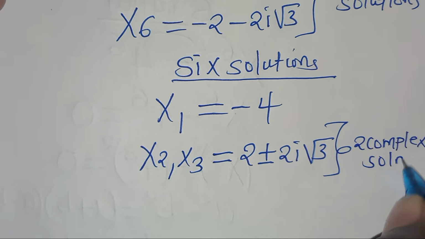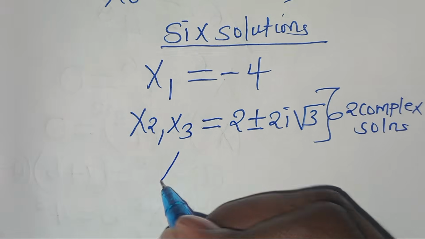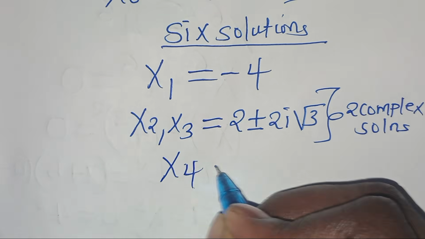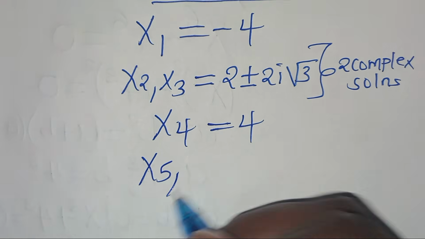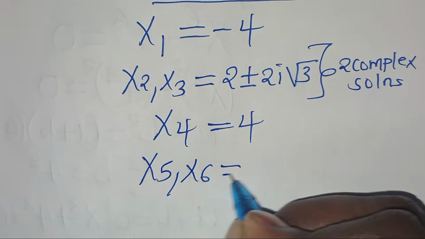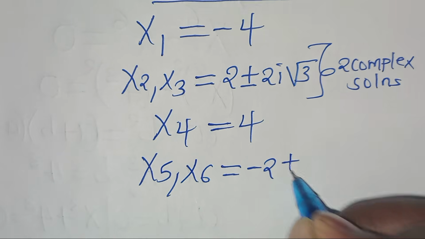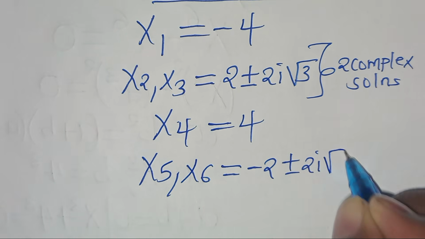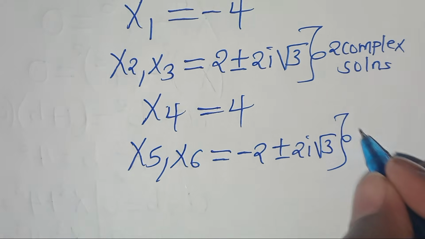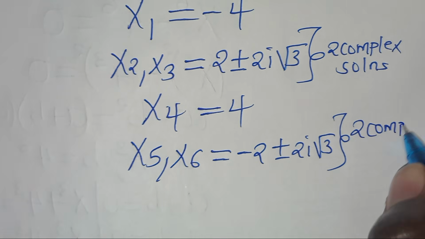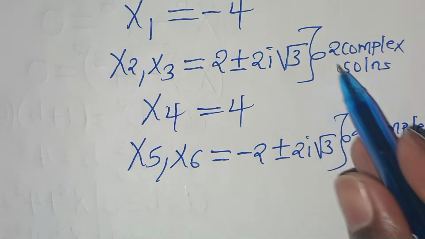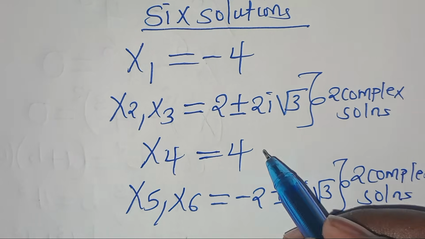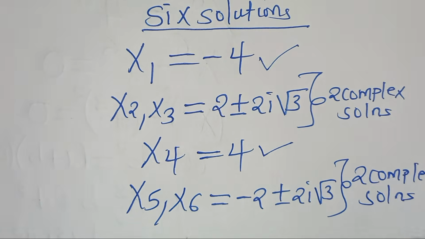Then x4 is equal to 4. Then we have x5, x6, which is equal to negative 2 plus or minus 2i square root of 3. These are two complex solutions. So we have a total of 4 complex solutions and 2 real solutions.